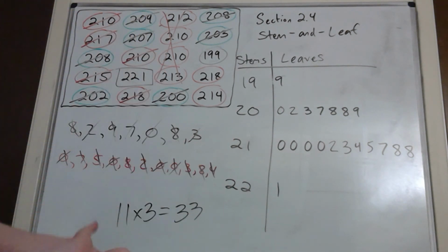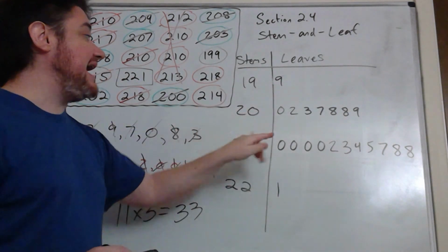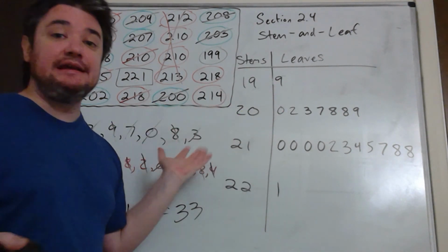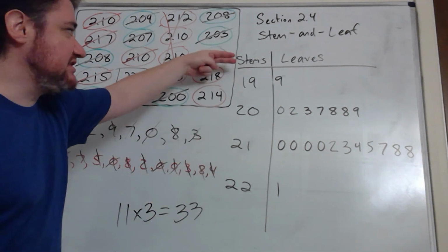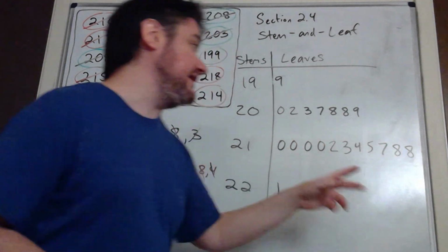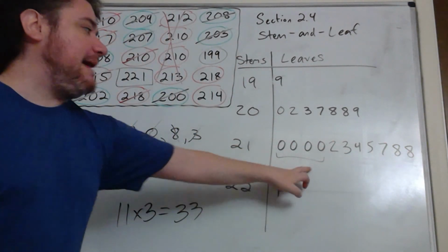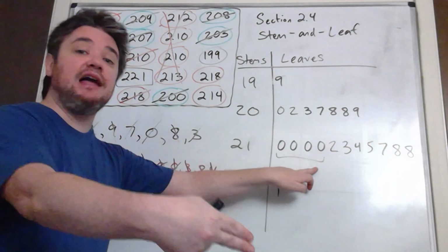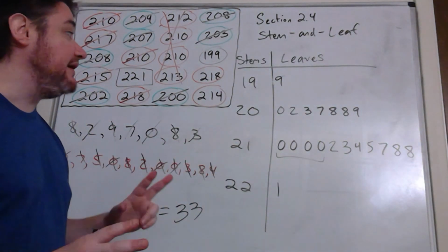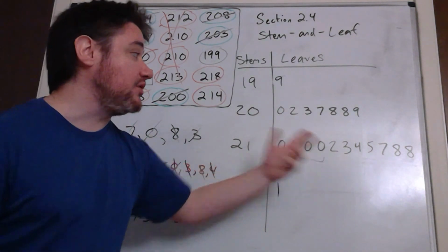So again, the way you'll do it is the leaf is always going to be a single digit, and then the stem is however many other digits you need. You list your stems from lowest to highest, then you list your leaves from lowest to highest. You repeat them if they repeat, and that tells us the frequency. That part was similar to what we saw on the dot plot. Remember with the dot plot, above the number 210, you'd see 4 dots.